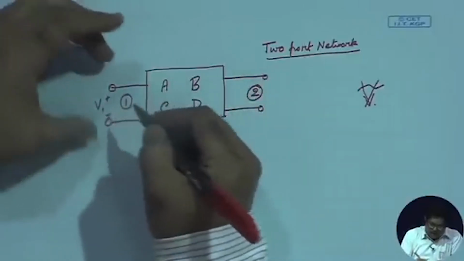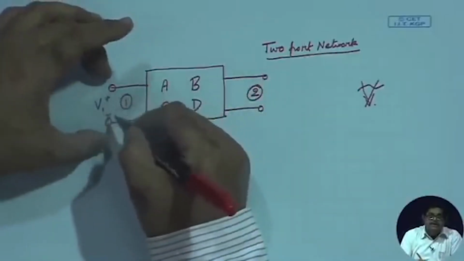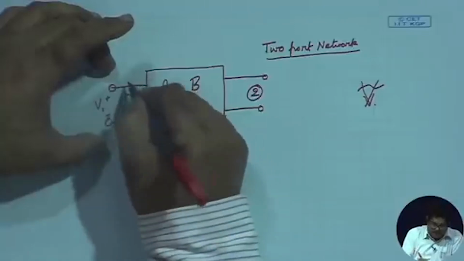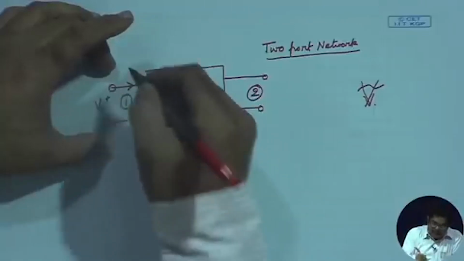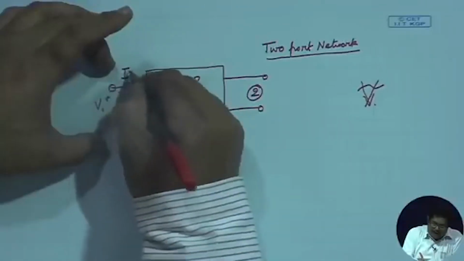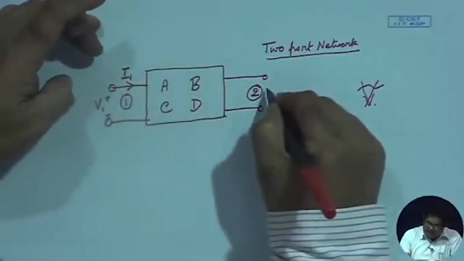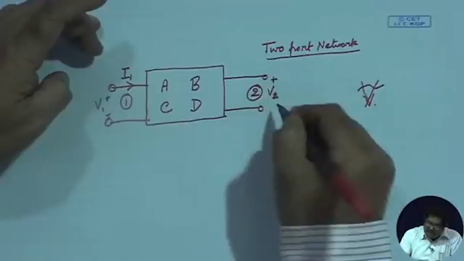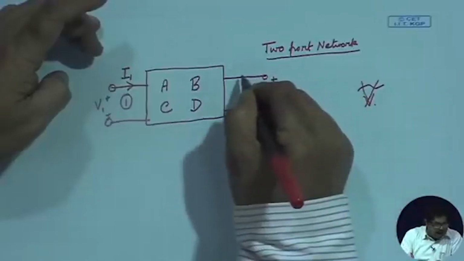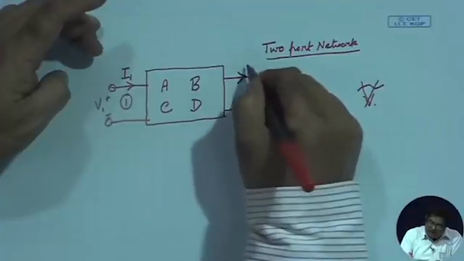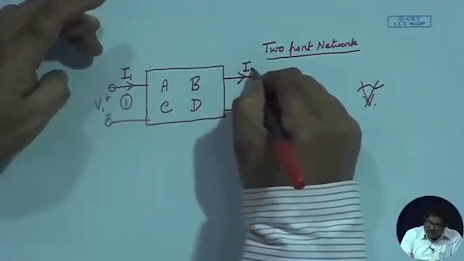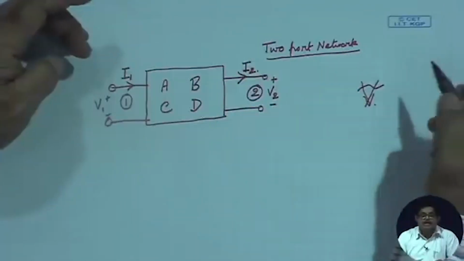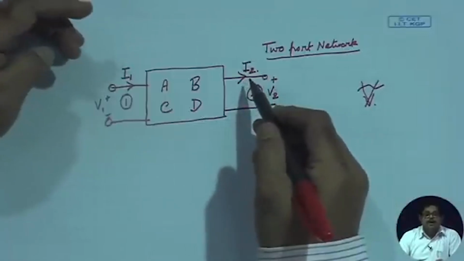So, at port 1 the voltage is V1, complex voltage, and the current entering port 1 is I1, again a complex current. Similarly, at port 2 I have the terminal voltage as V2 as shown, and I have current which is leaving this port, I2, complex current. Please note this direction of current.